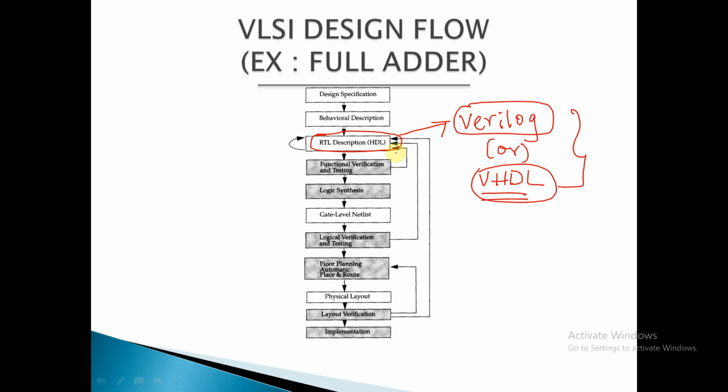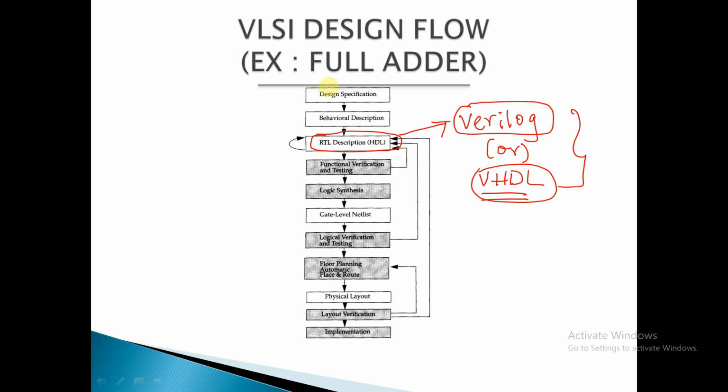That is, you write the code describing the behavior of the particular design in Verilog or VHDL. Further, it will be converted into the gate level netlist, and then into the hardware.